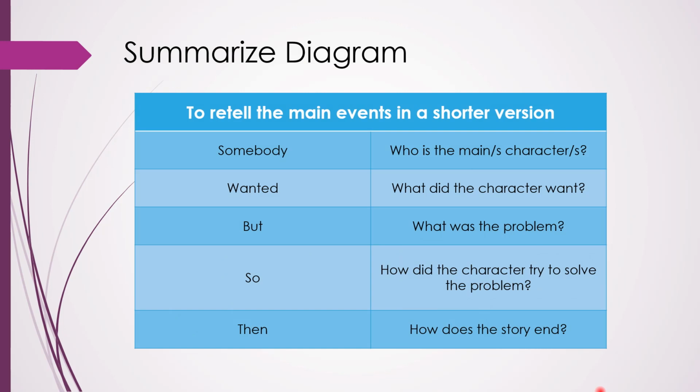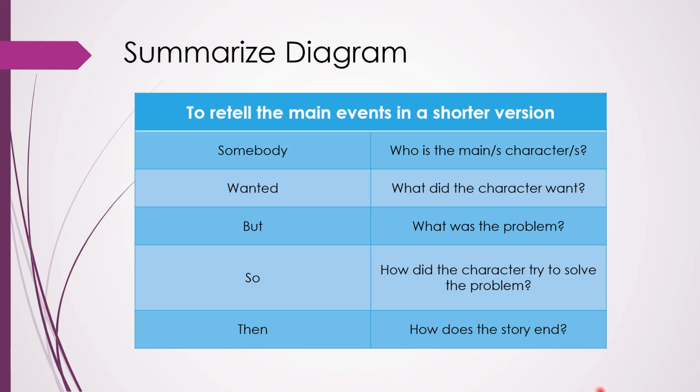Here is a diagram of summarizing. What are the points that you have to consider to make it easier? To retell the main events in a shorter version. How? First, somebody. Who is the main character or characters of that writing? Then, wanted.